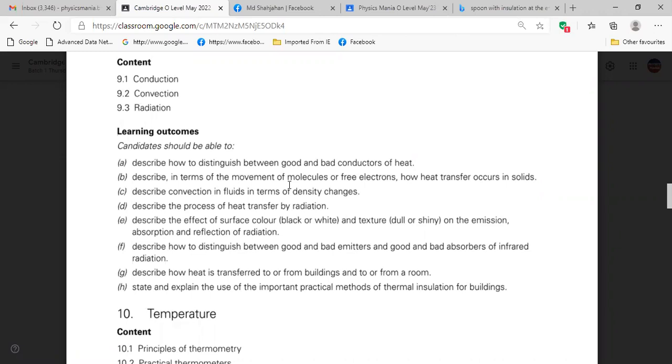Have you ever seen that in your house? Yes, sir. So these are bad conductors of heat.